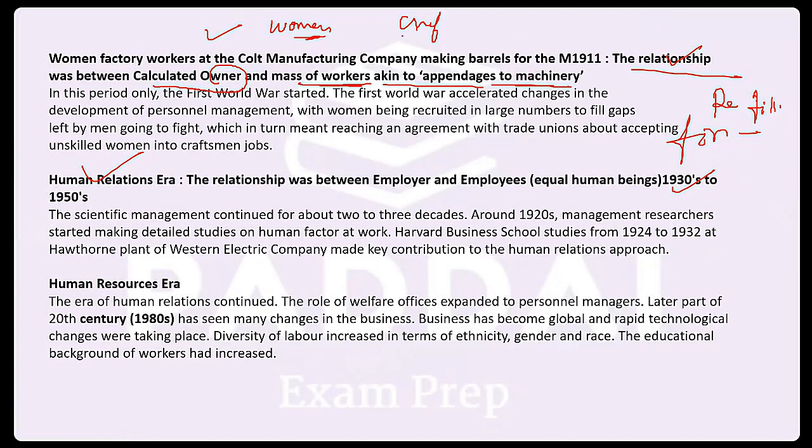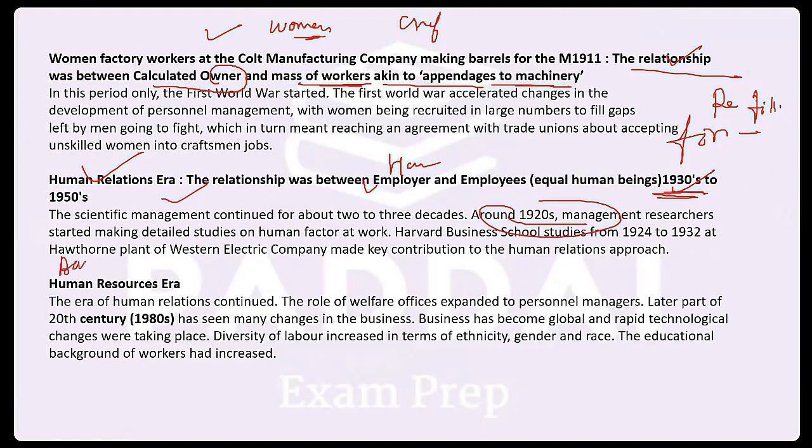Okay. Now came the human relation era. Hawthorne experiment, scientific management continued. Then came your Hawthorne experiment. So this was the time when humans were given importance. Around the 1920s, management researchers started giving importance to humans, and it was the 1930s to 50s human relation era.